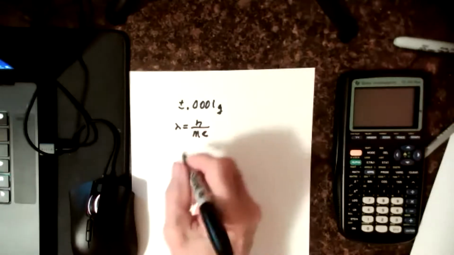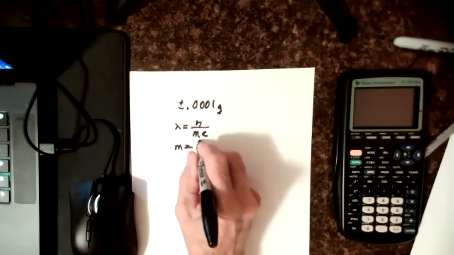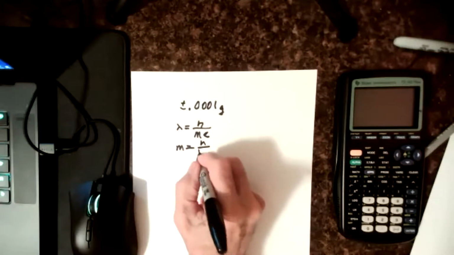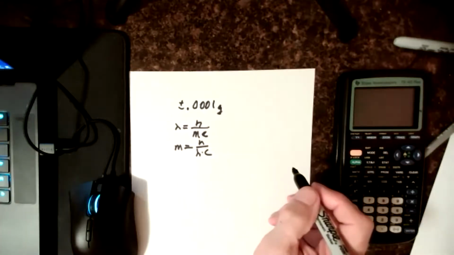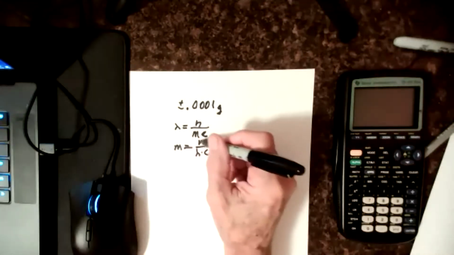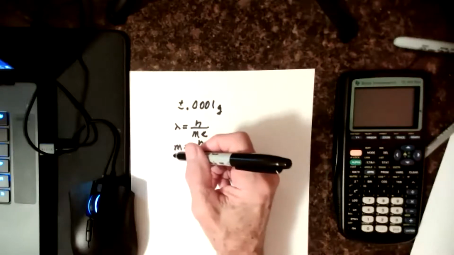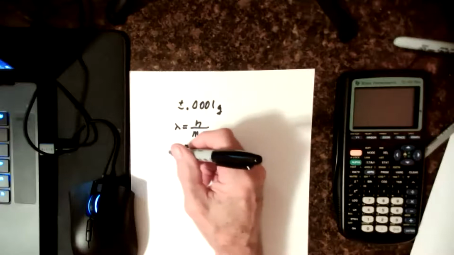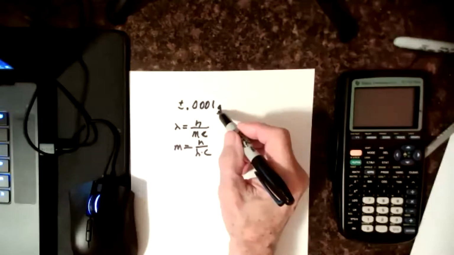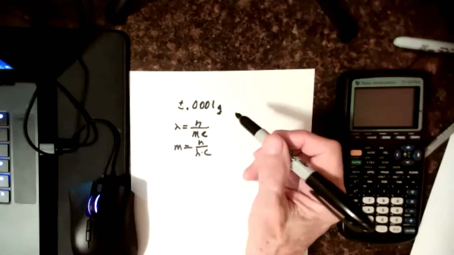Or if I'm solving the other way around, I can say mass is equal to h over lambda times c. If I put these numbers in, I will get the mass of one photon, and that can become a conversion factor to convert this number of grams into numbers of photons.